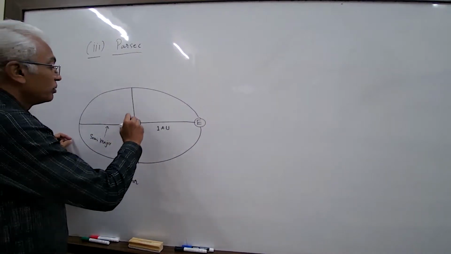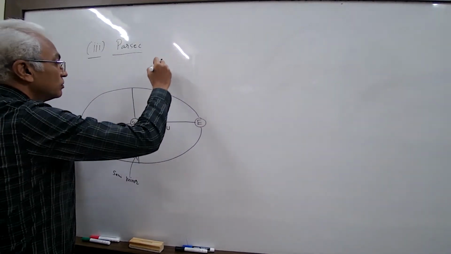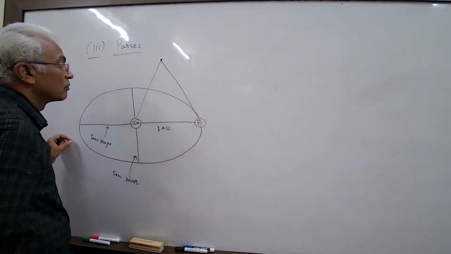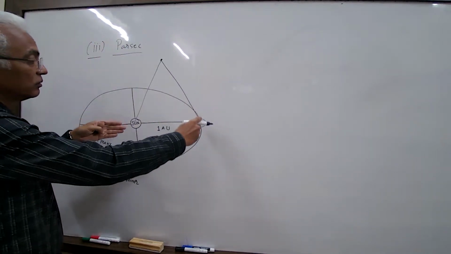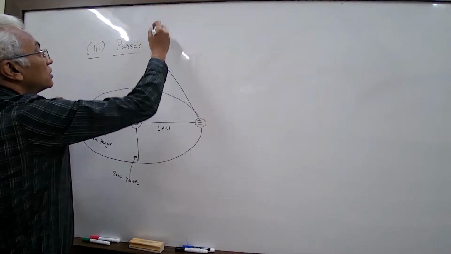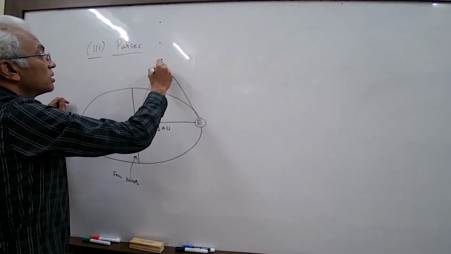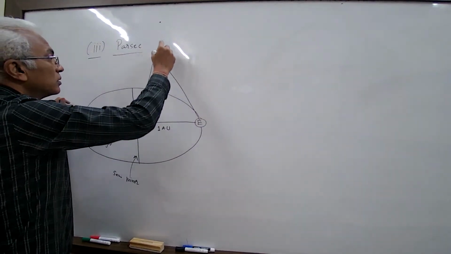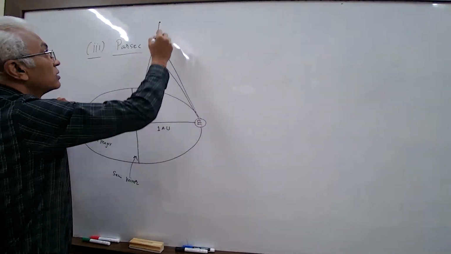Now, when you try to make a, let us say you have this distance now. If you keep going far away from this, let us say here. So now you see, as you go far away, this is some angle. This angle is going on reducing, isn't it?